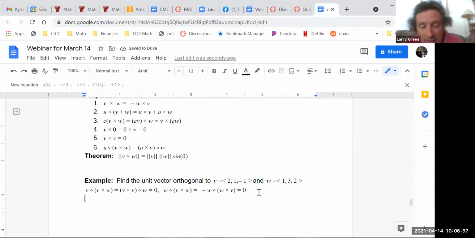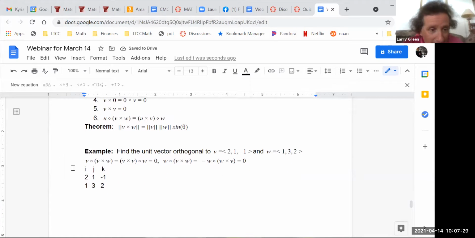So we just take the cross product. I, J, K, and then 2, 1, negative 1, and then 1, 3, 2. Let's work this out.